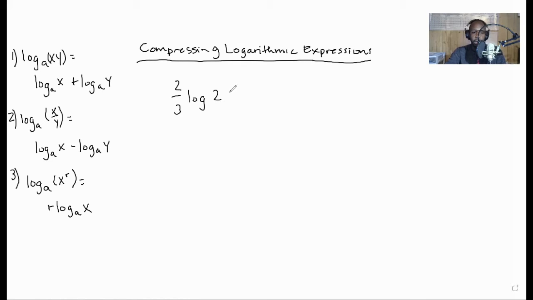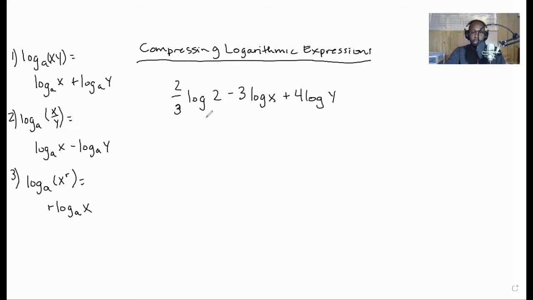So 2/3 log 2 minus 3 log x plus 4 log y. I encourage you to pause the video and try it yourself so you can get some of that experience, and then come back and see if you got it right.